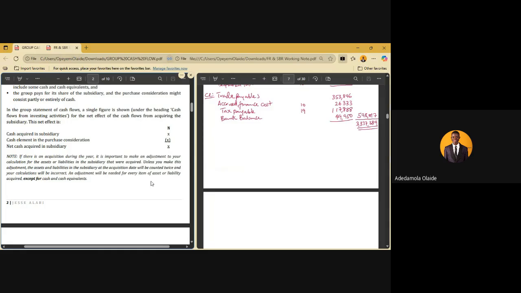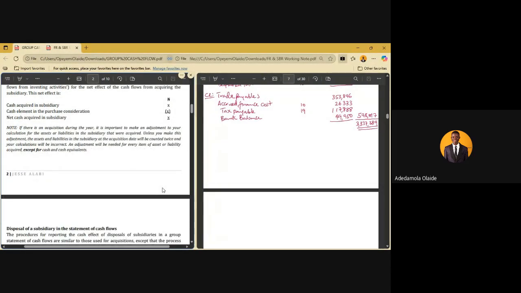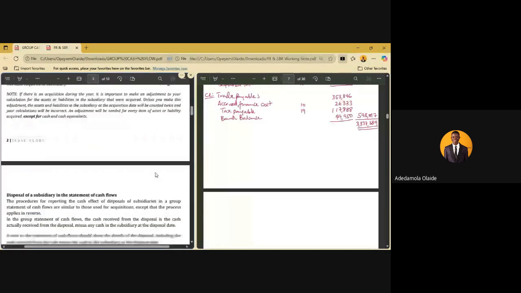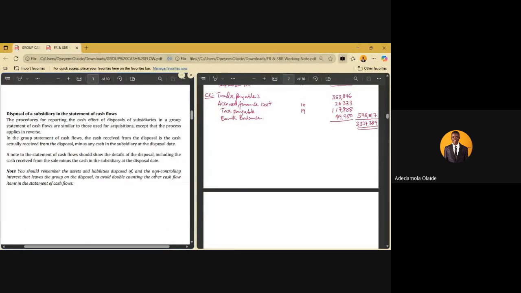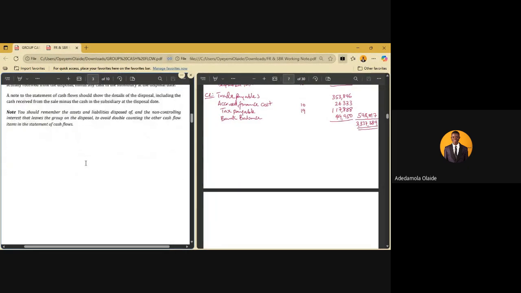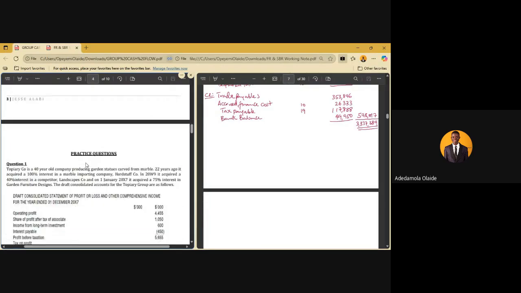Part of what I'm buying is 20 million cash, and I'm also supposed to pay you 40 million for the acquisition. I'll just give you the net amount. That's the best way. So we calculate the net cash, and the net cash goes to the investing activities section of the statement of cash flow. That is basically what we have on statement of cash flow. Like I said, it's nothing serious.